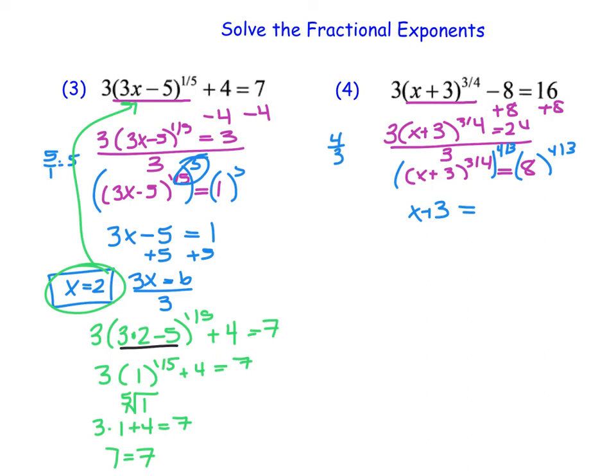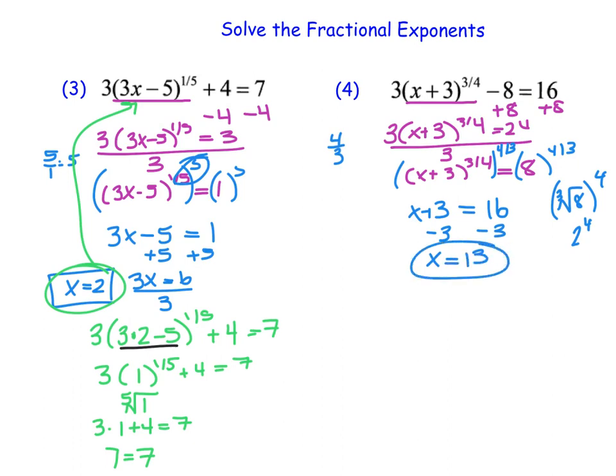I know that this becomes the 3rd root of 8 to the power of 4 if I use what I know about fractional exponents. The 3rd root of 8 is 2, so this is really 2 to the 4th, which is 16. So now I'm going to solve the equation for x. I'm going to subtract 3 from each side, and I find that x is equal to 13.